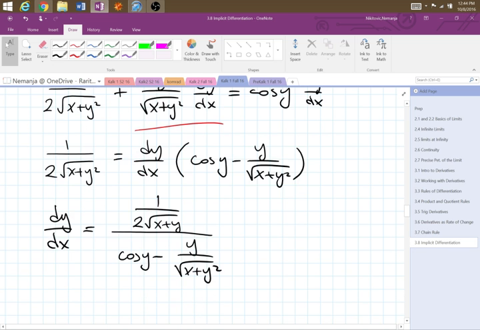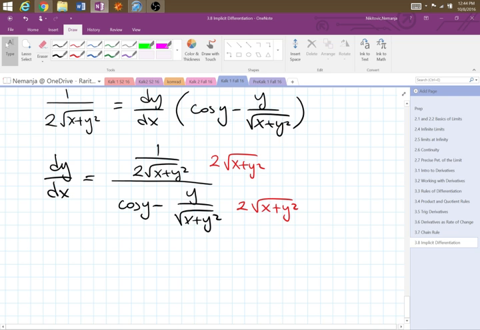now we don't like double fractions, right? So we're going to multiply top and bottom by 2 square root of x plus y squared to get rid of all denominators. So on top everything cancels, right?